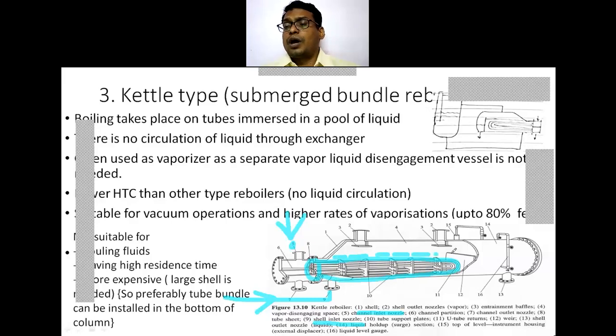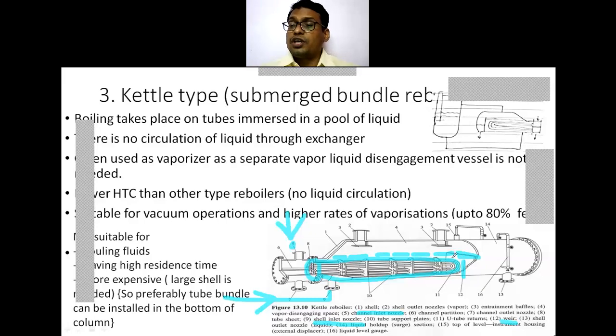So यहाँ तक पूरा liquid available है, and there is a baffle, this 12 number is nothing but the weir, and this weir maintains the liquid height up to the height of the weir. This weir height should always be more than the bundle diameter, so that the bundle will be completely immersed in the liquid always.